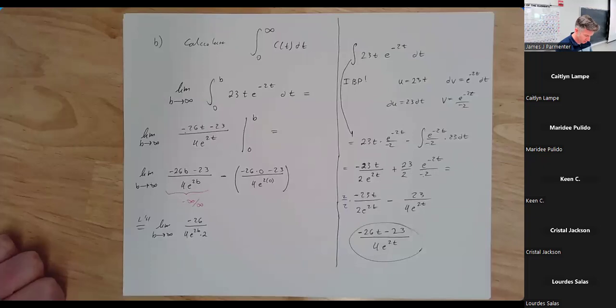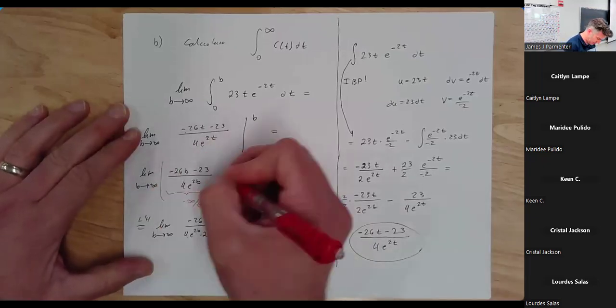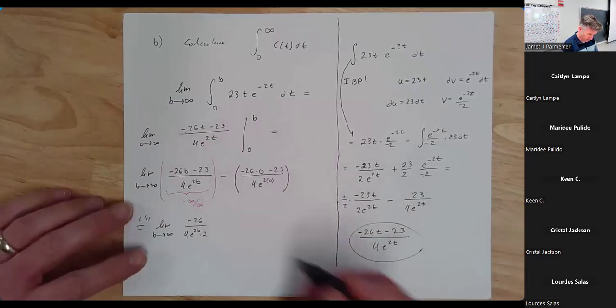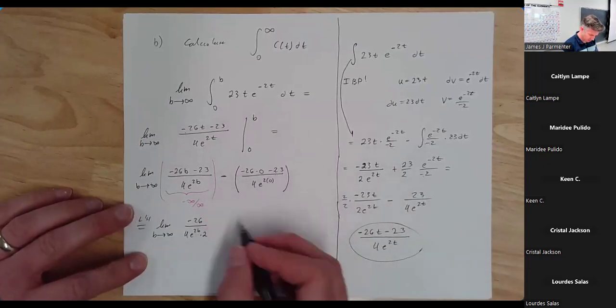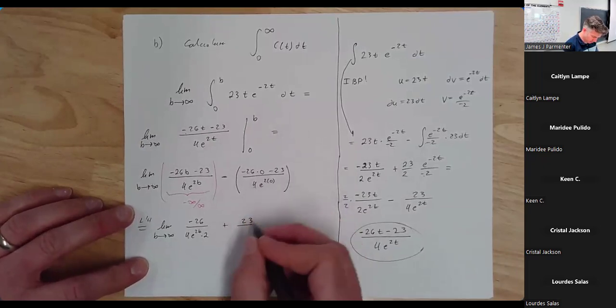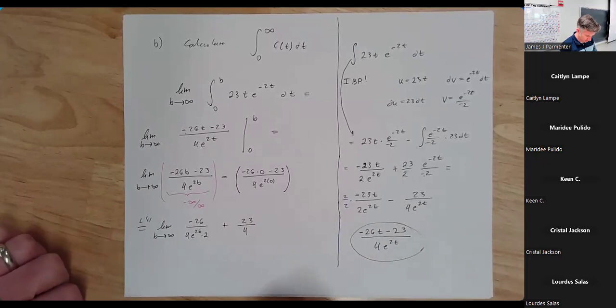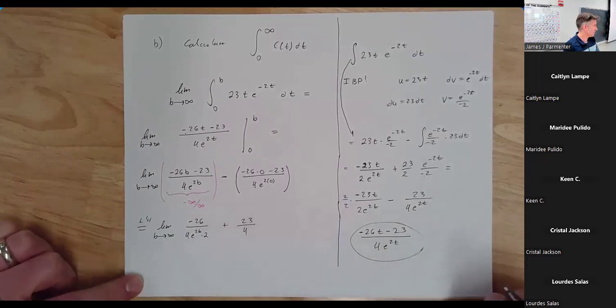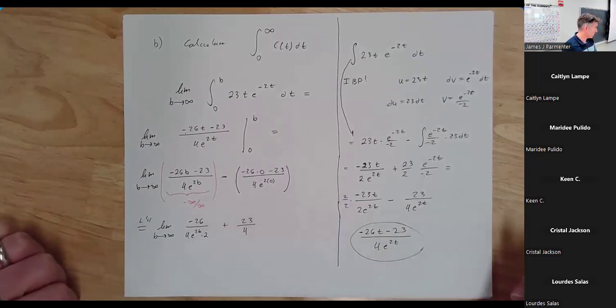The L'Hopital's rule part is only applying to this because there are no b's here to take the limit of. So over here, you're going to get minus a minus 23, which is plus 23 over 4e to the 0. And finally, as b goes to infinity, 26 over e to the b is 26 over something infinite, which is going to go to 0.